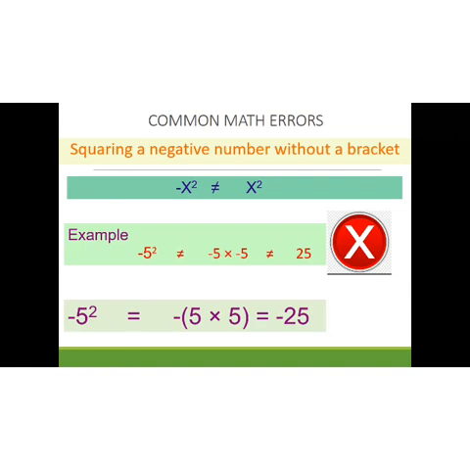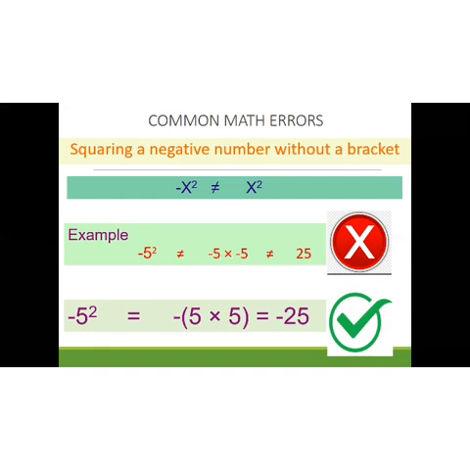It's a different case if we say minus 5 all squared and there's a bracket to indicate that both the minus and the 5 are squared. Then in that case you should get 25. But in this case, minus 5 square just means that the square applies only to the 5. So if you've been making this mistake in terms past, I hope that after today you won't repeat that same mistake. So that's that for our common math errors segment for today.